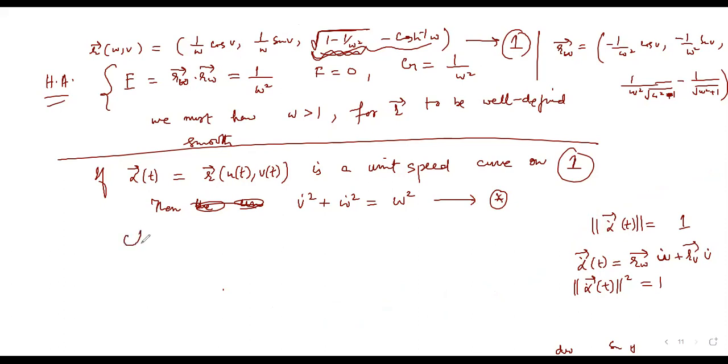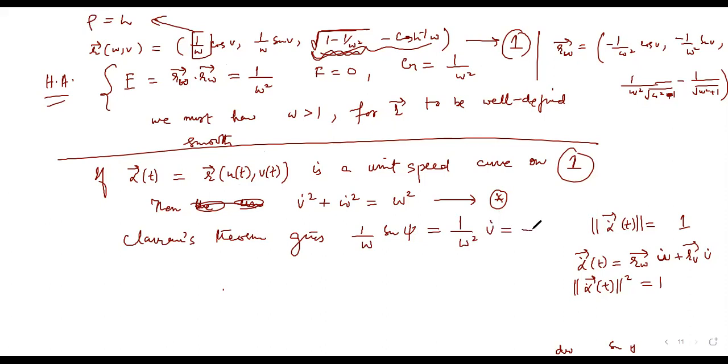Now Clairaut's theorem gives तो तुम्हें याद रखना ये जो 1 by w है ये हमारा होता था h which was the same thing as rho. ठीक है, यानी rho है 1 by w, यानी 1 by w sin of psi is equal to जो कि बराबर होगा 1 by w square into v dot is equal to omega, where omega is a constant अगर ये geodesic है.